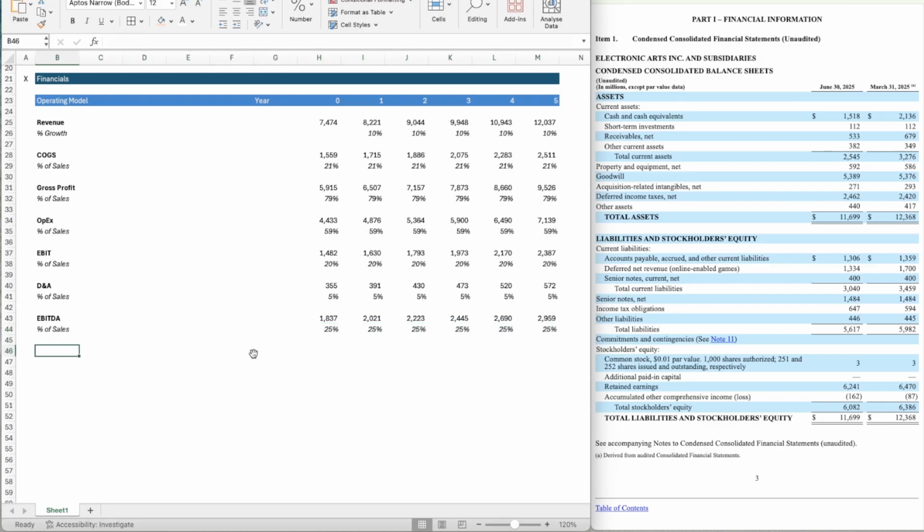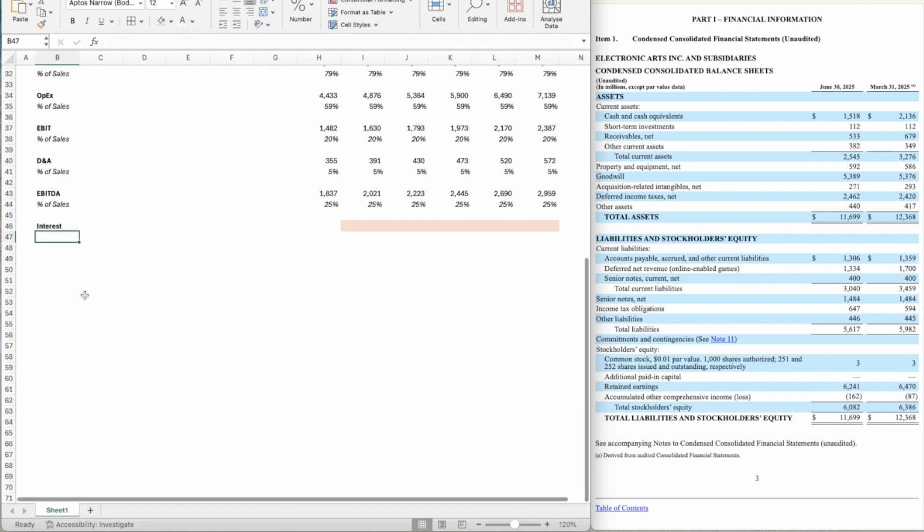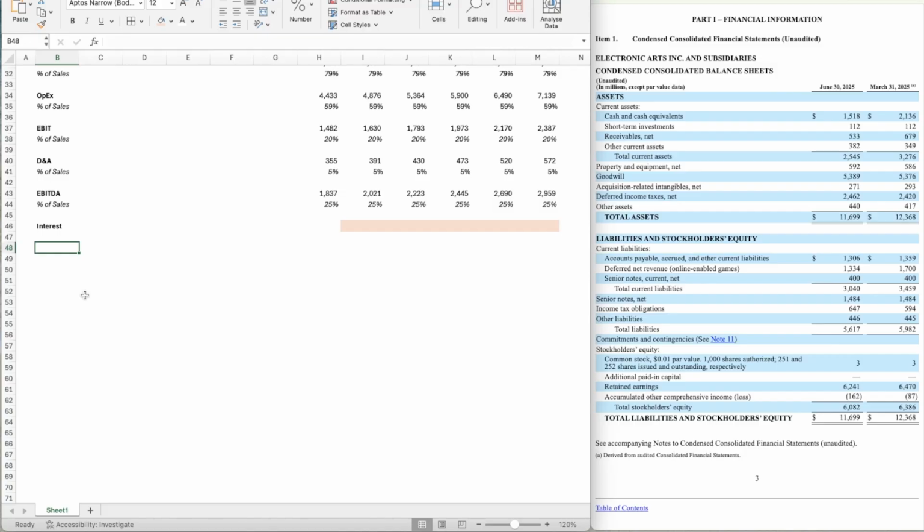Now this next one, the interest payment, we can't fill this in yet, and you'll see why later, but just leave it as that at the moment to remind us that it's going to play an important part. Then we have earnings before taxes, but after interest, and that just equals the EBIT subtracted by the interest.